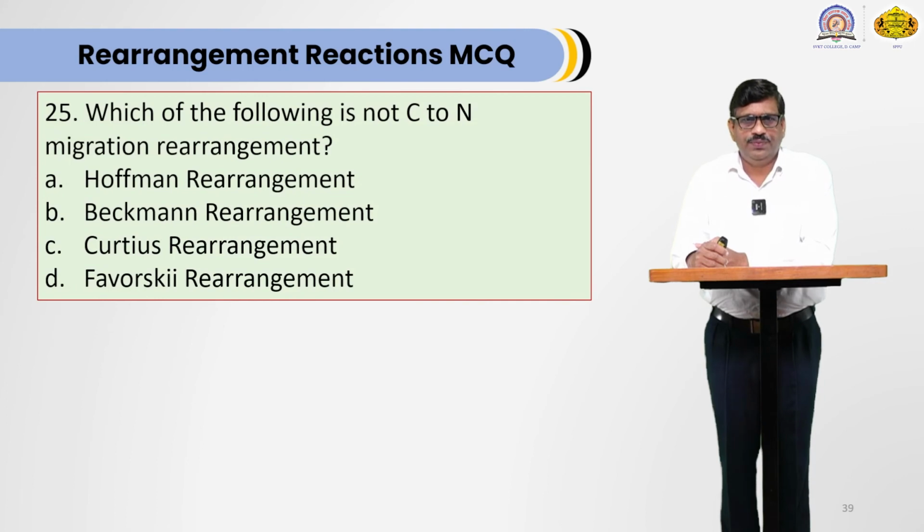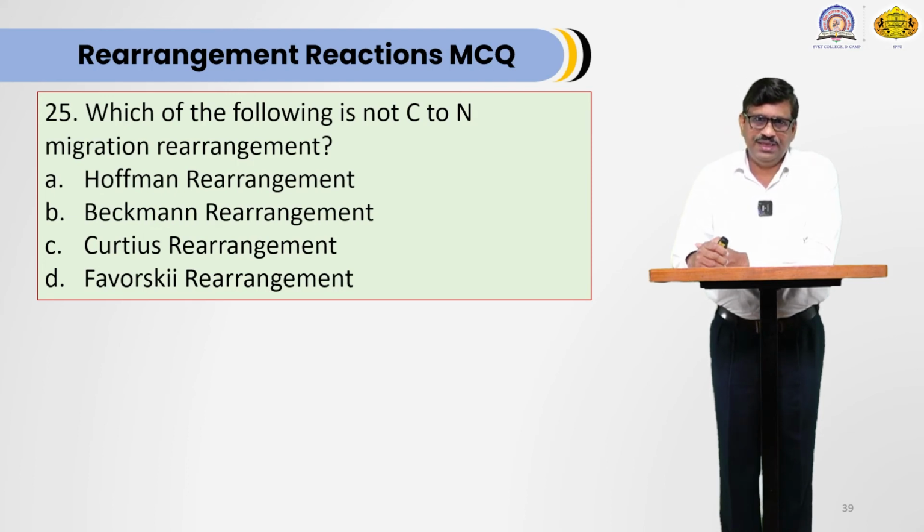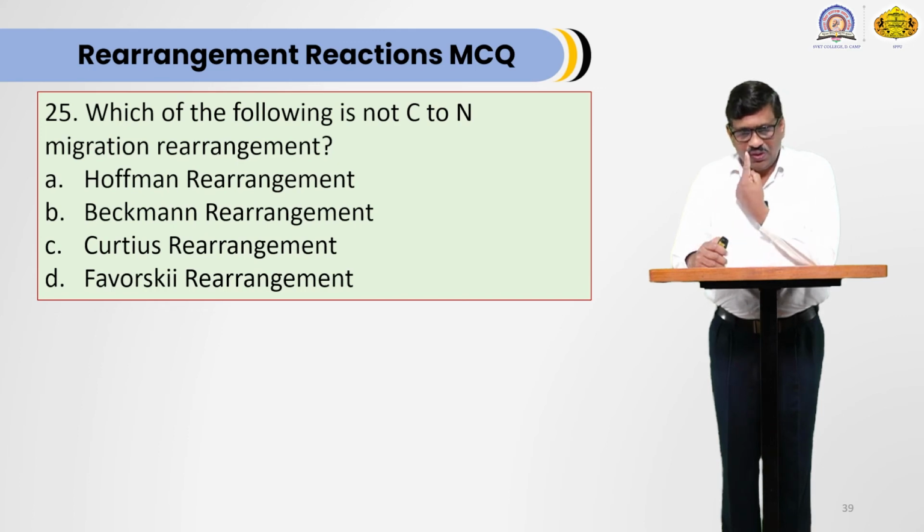Question number 25. Which of the following is not a carbon to nitrogen migration rearrangement? Option A Hofmann rearrangement, option B Beckmann rearrangement, option C Curtius rearrangement, option D Favorskii rearrangement. For solving such type of question, you should remember the starting material for all these rearrangements.